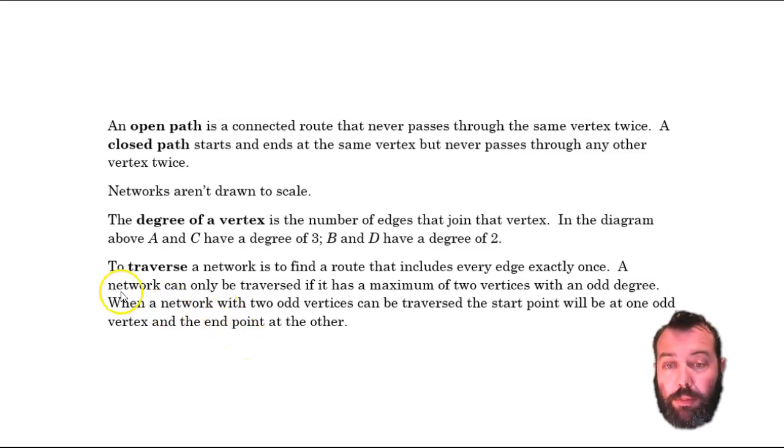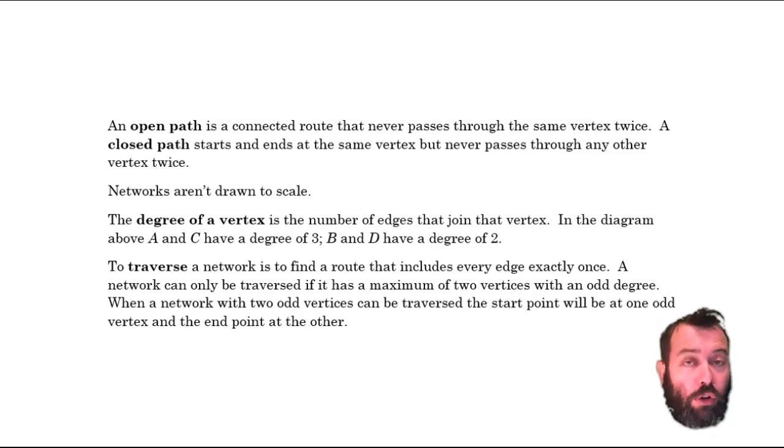Now, the main rule here is that only 2 vertices can have an odd degree. So we find the degree of every vertex, and if there are more than 2 vertices that have an odd degree, like 3 or 5 or 7 or 9, then you can't traverse it, it's impossible.